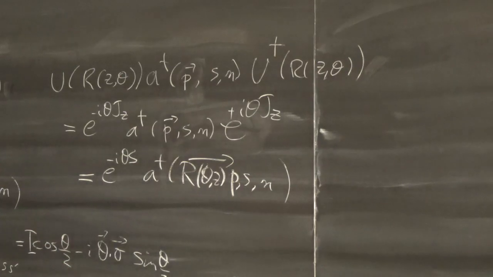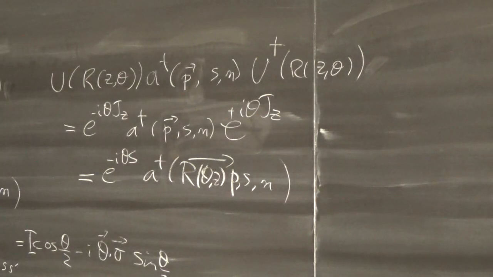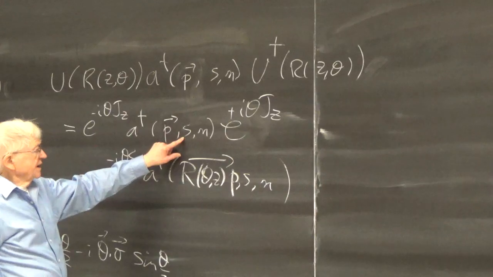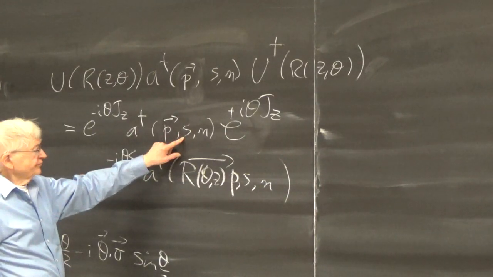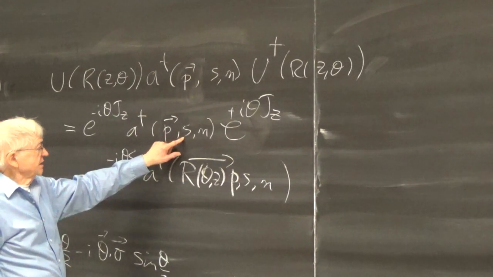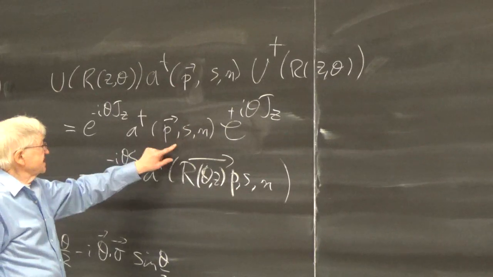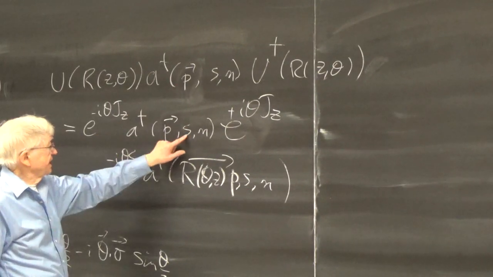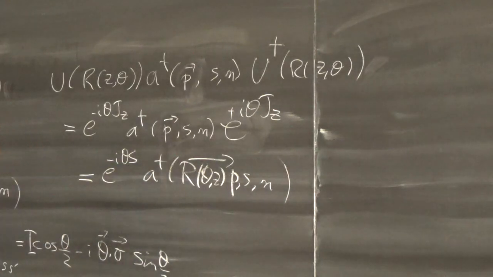So this is the creation operator has momentum in an arbitrary direction, but we're rotating around the z-axis. The s part is an eigenstate of J_z.